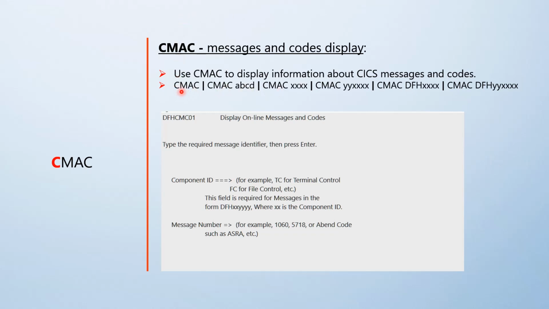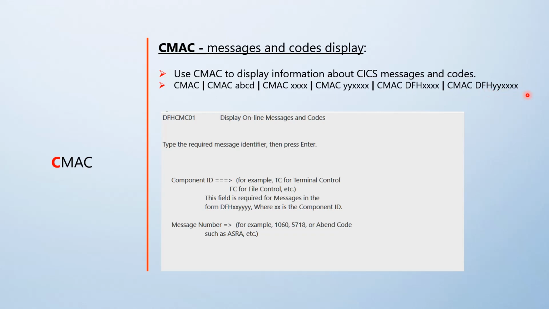You just type in CMAC, or you can use CMAC followed by the abend code, or CMAC followed by the CICS message numbers, or CMAC followed by the 2 letter domain or component ID and the message number, or CMAC followed by DFH and the message number, or CMAC followed by DFH, the component ID and the message number.